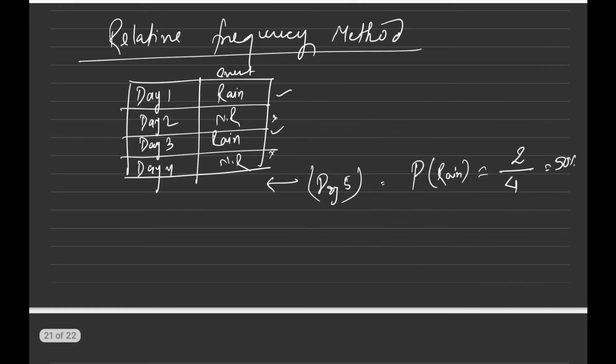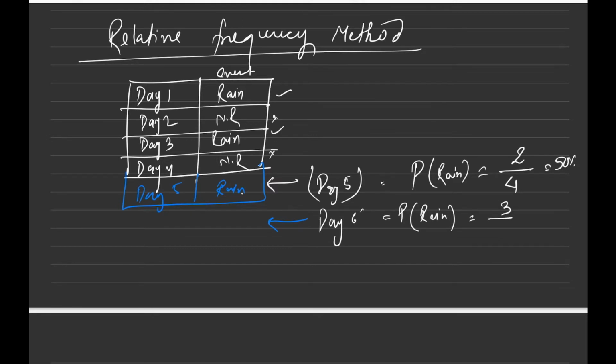Now let's say when day 5 happened, rain happened, right? So if I ask what will be the probability of rain on day 6? You will say, now 1, 2, 3, there are 3 favorable cases divided by 5 total cases. So this is like 60%, right?